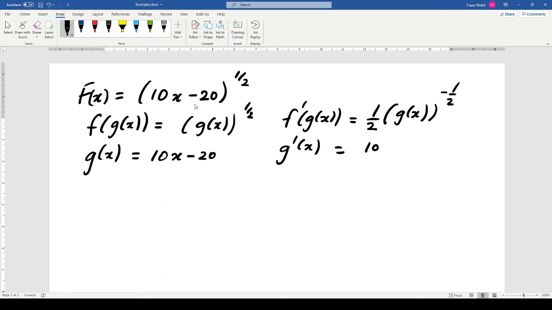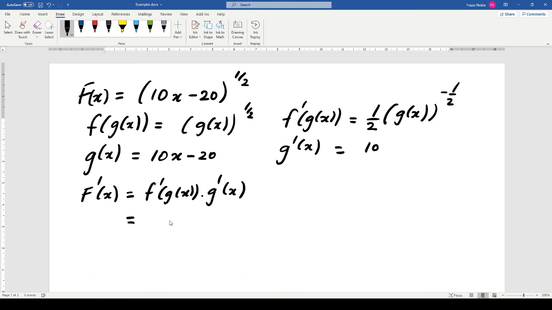So the derivative of this function can be written out as f dash x equal to f dash g of x times g dash x. So we could take these equations and substitute them into this equation here.